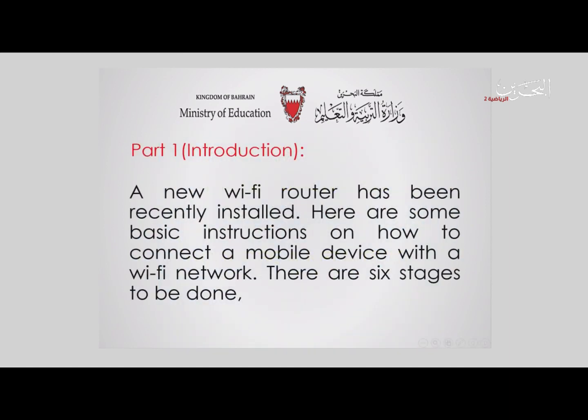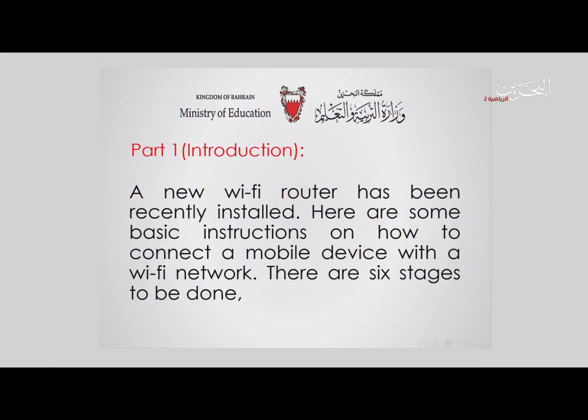Now here is the sample that you should follow in order to do the writing about steps in a process. Of course, as I have already mentioned and explained, it comes in 3 parts: the introduction, the body, and the conclusion. The first part is the introduction. Let's see. A new Wi-Fi router has been recently installed.